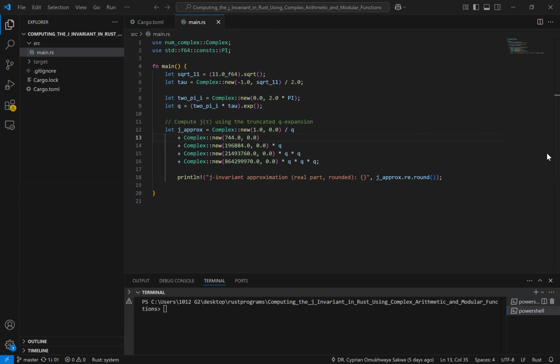This is a very short code. I've told it, let the square root of 11 be this: the square root of the 11 in the bracket. So just get the square root of that. Then let tau be a complex negative 1.